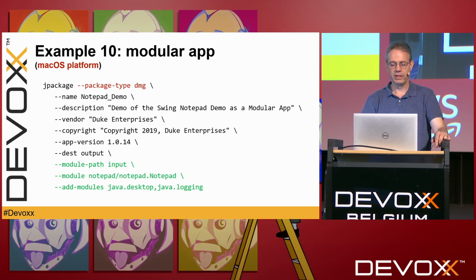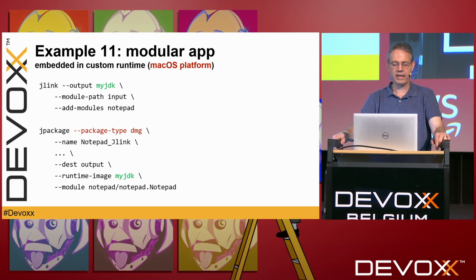And this particular one, the second version there is the more interesting one. And that's that we're jlinking something where now my jlinked custom runtime doesn't just contain the runtime modules and the library modules I need. It also contains my application. So my JDK in this example includes all of the JDK classes that you need, plus it includes Notepad, which is our application.